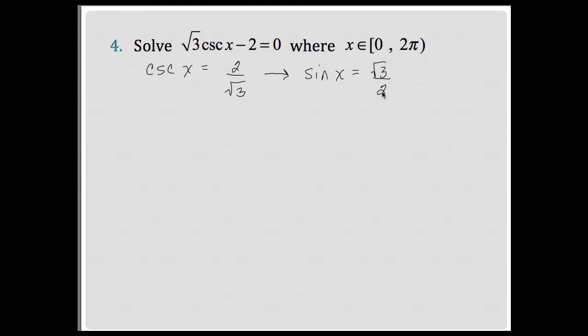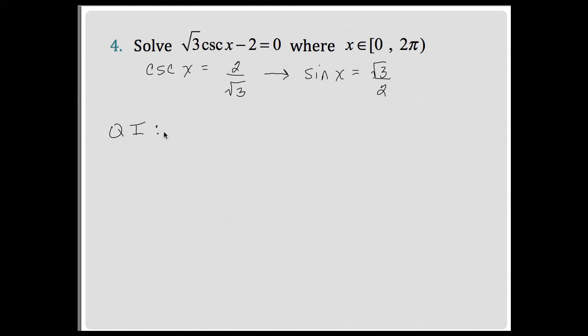Anytime you have a trig equation involving the reciprocal functions, it's probably easier to turn it into an equation involving one of the main 3 functions. So now we're just going to go from this point. So we're trying to think of where is sine value positive, because that's a positive square root of 3 over 2. So sine's going to be positive in quadrant 1.